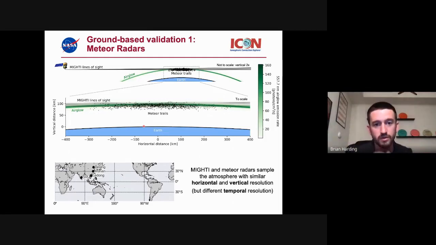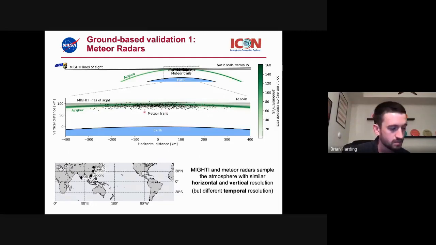And by geolocating the meteor, you can understand what altitude you're measuring, as well as where it is horizontally. By averaging together enough meteors over your field of view, you can also then do an inversion to get the zonal wind, meridional wind, and sometimes the vertical wind. But you have to average for a while.